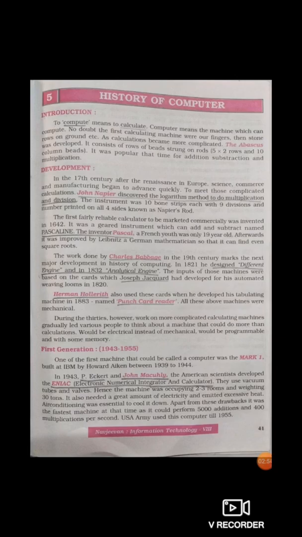We are looking at the year 1642. We saw the invention of Pascaline. The Pascaline is a device which consists of certain gears and strings. Who invented Pascaline? It was a French youth, Pascal, a mathematician who was 19 years old when he invented it.